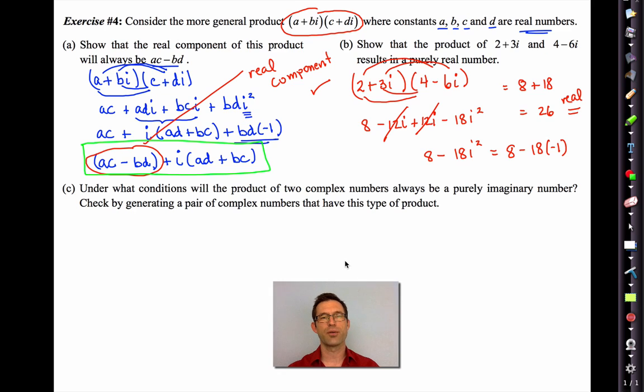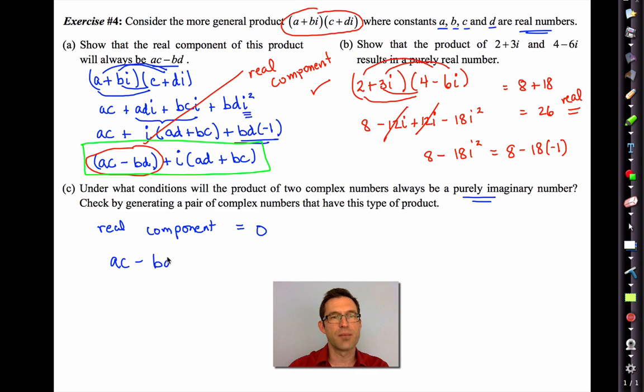That will help you out, okay? All right, let's talk about it. Well, in order for it to be a purely imaginary number, the real component must be equal to 0. Well, that means that a times c minus b times d has to be 0.